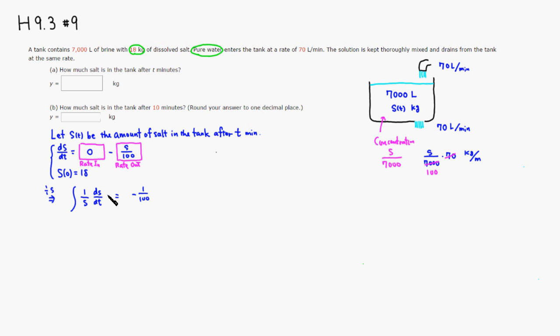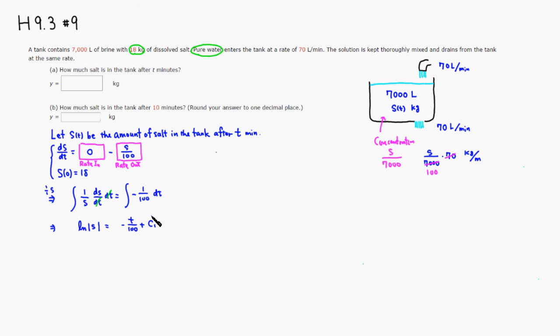Integrate with respect to t, and we can cancel dt here and dt there. The antiderivative of 1 over S is the natural log of the absolute value of S, equal to negative t over 100 plus some constant. I'm going to use C1.